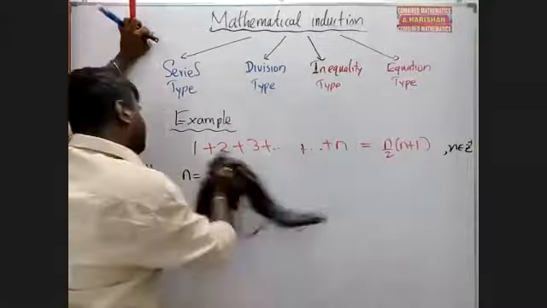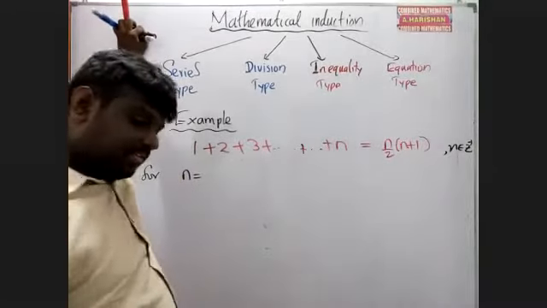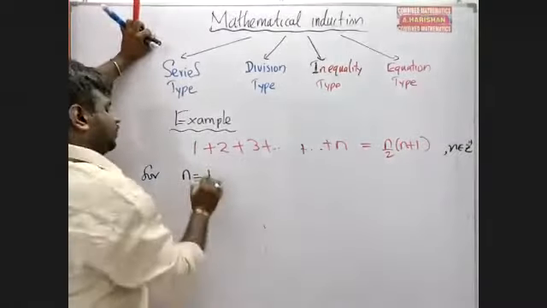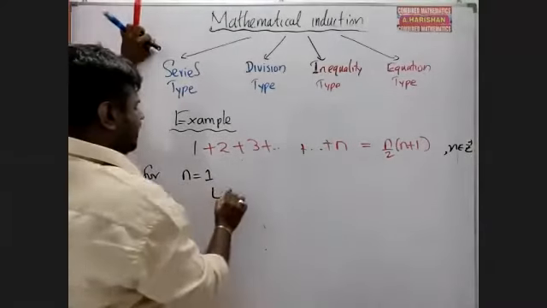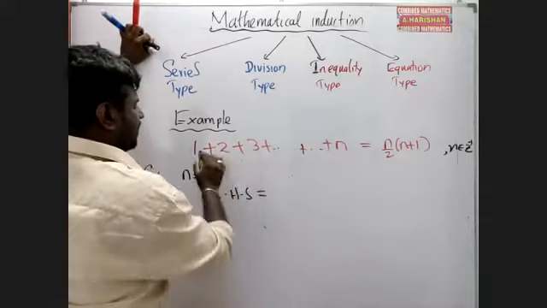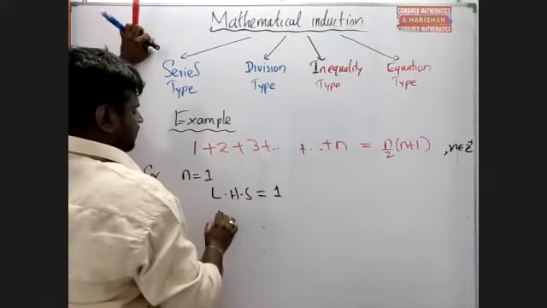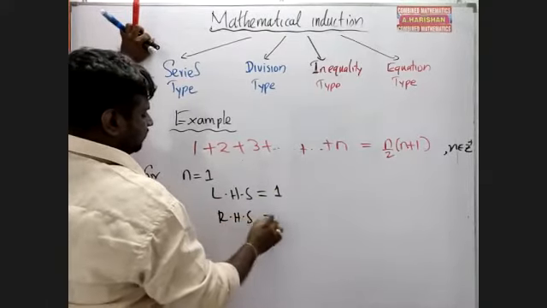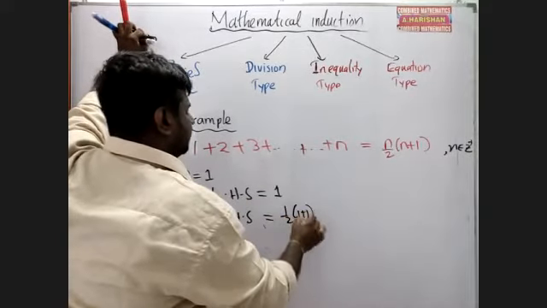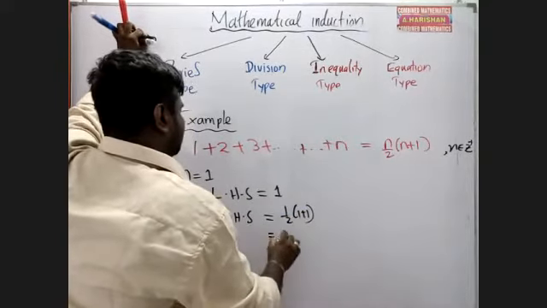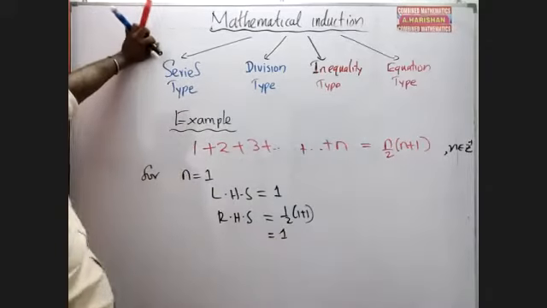So here, always 1. I put n equals 1 and check whether this is correct. I'll check the LHS: when n equals 1, I have 1. Then I check the RHS: for n equals 1, that is also 1.